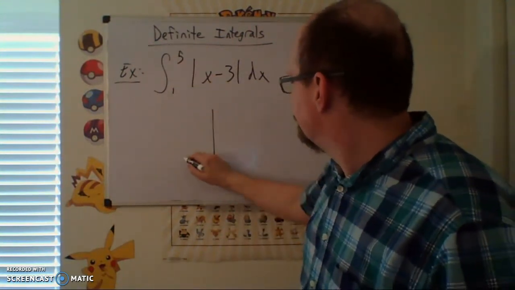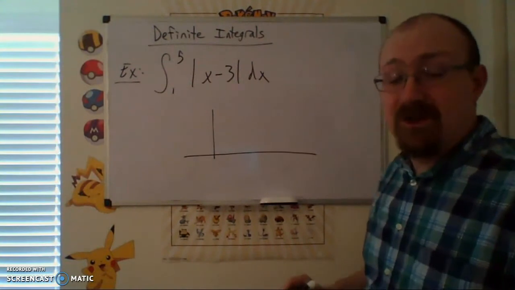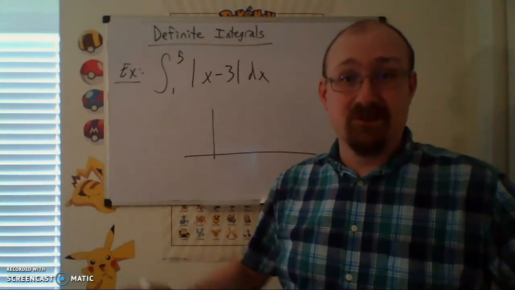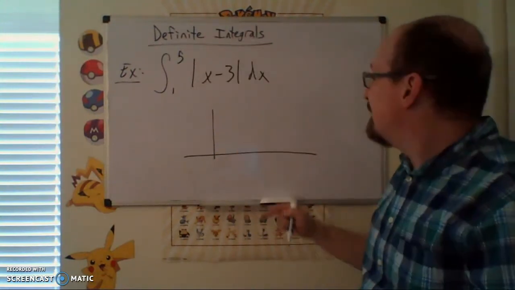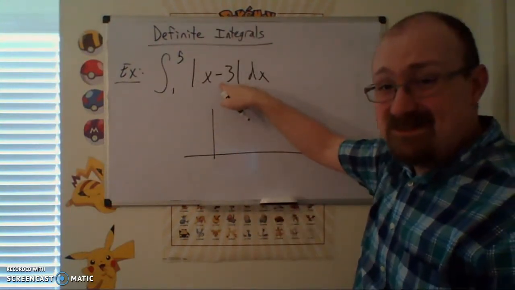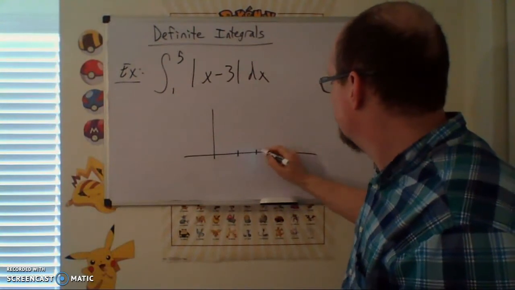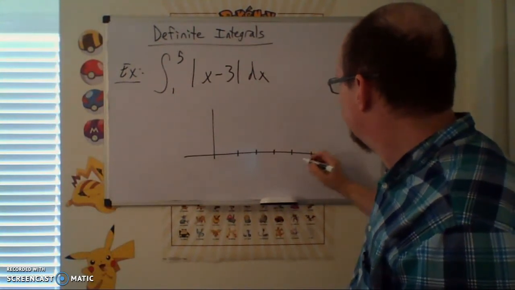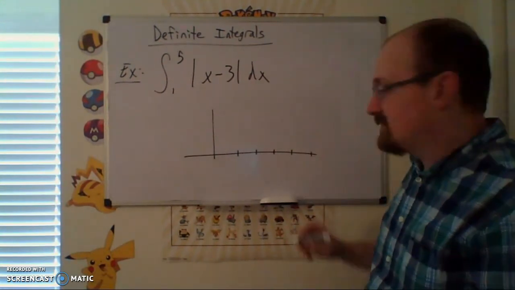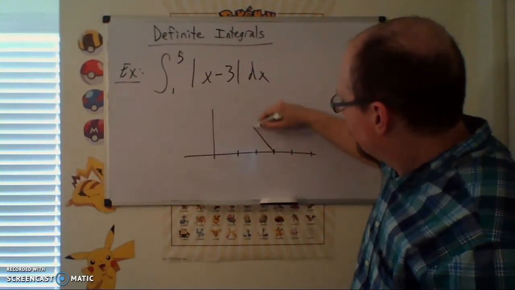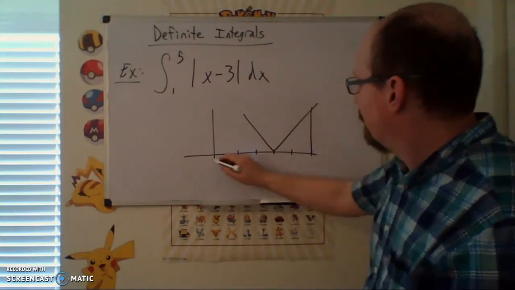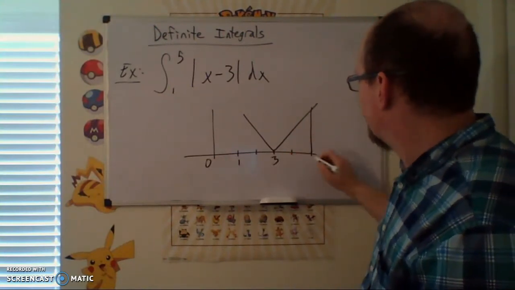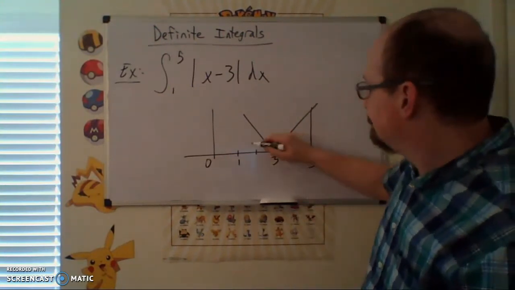I'll draw a graph of this function. Hopefully you remember the absolute value function looks like a V for victory. So I should have that sharp corner, and it's going to be at the place where this thing would be 0. That's 3. So 1, 2, 3, 4, 5. My graph starts down there, and I've got a couple of line segments shooting up like so. So that's 0, that's 1, 3, we've got 5 right there.